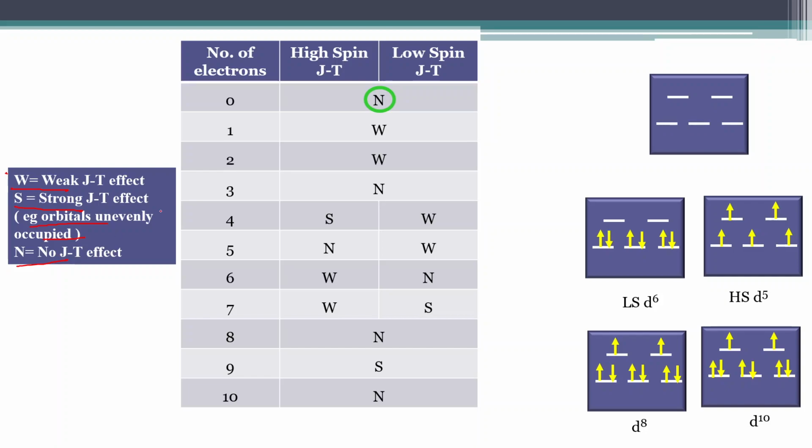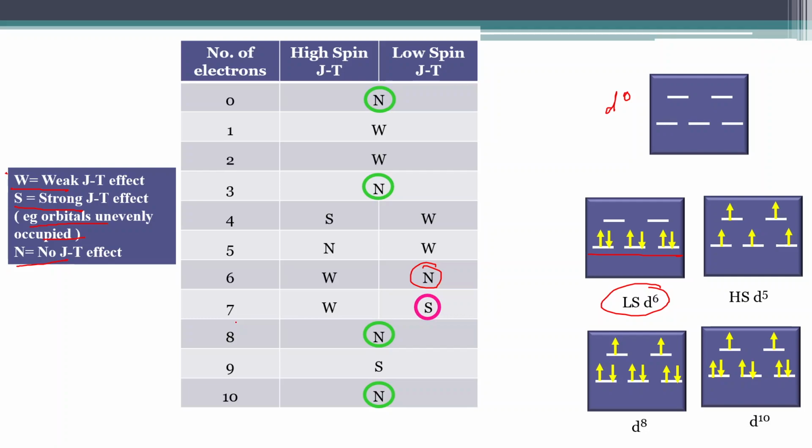So, if the case is D0, no D electrons are present, Jahn-Teller will not be there. D3, no Jahn-Teller. D8, there will be no Jahn-Teller. D10, there will be no Jahn-Teller. And also D6 low spin will show no Jahn-Teller.